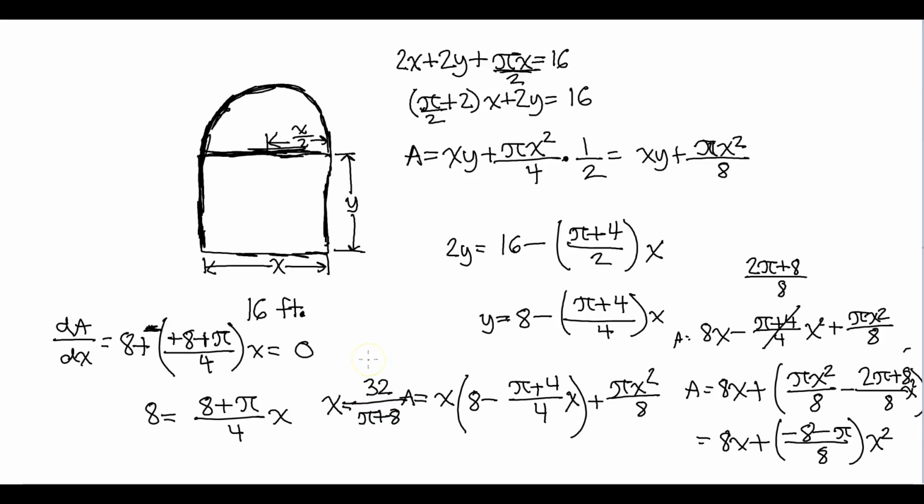So if the beam was included, that's what we assumed, we would get x equals 32 over pi plus 8 feet. We said feet.